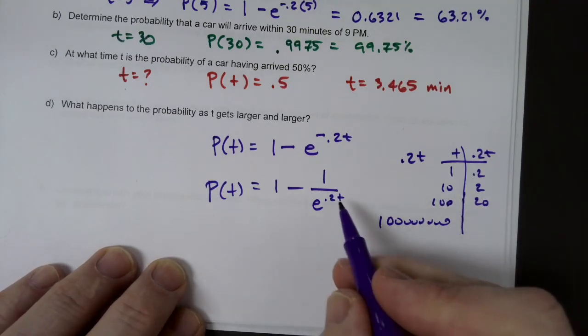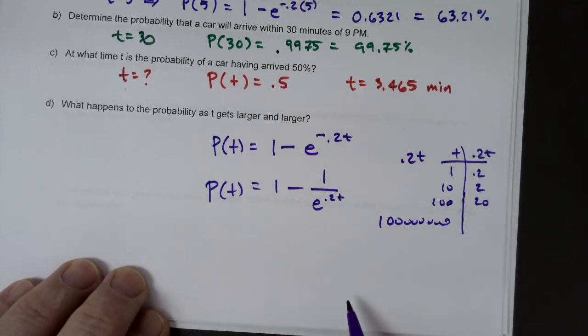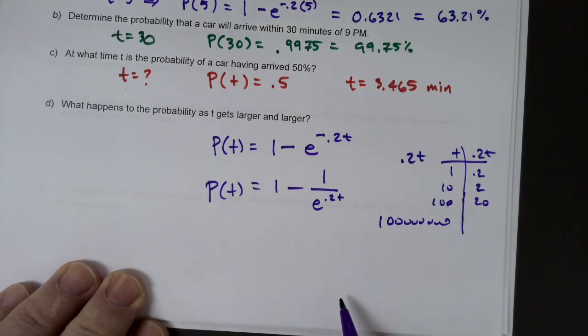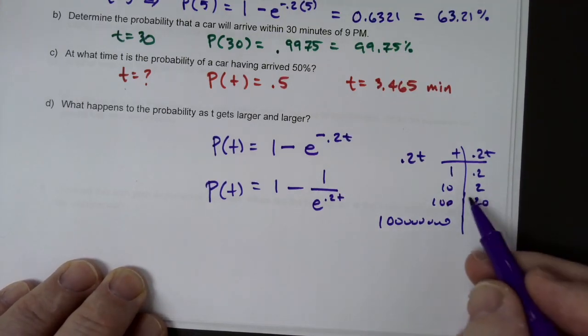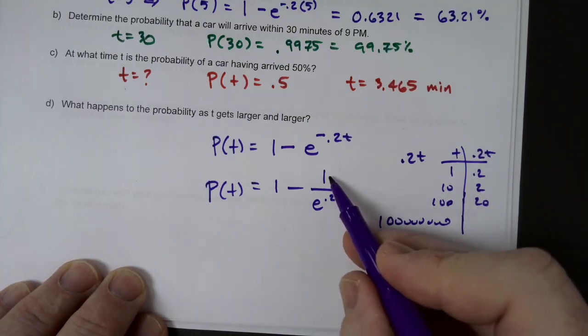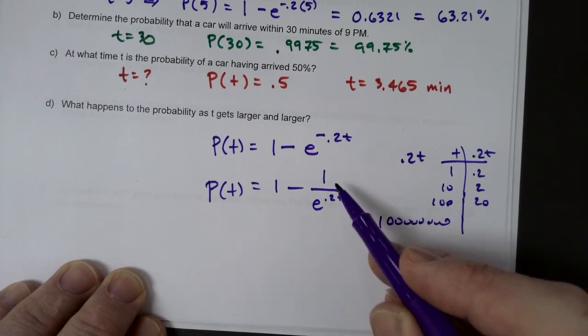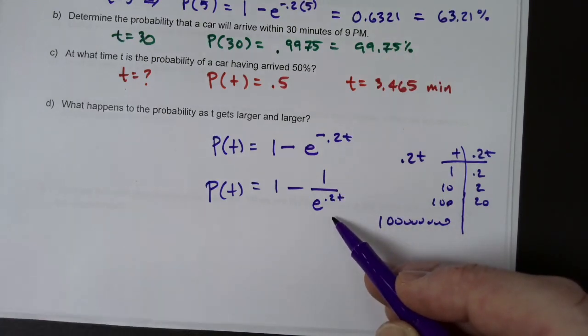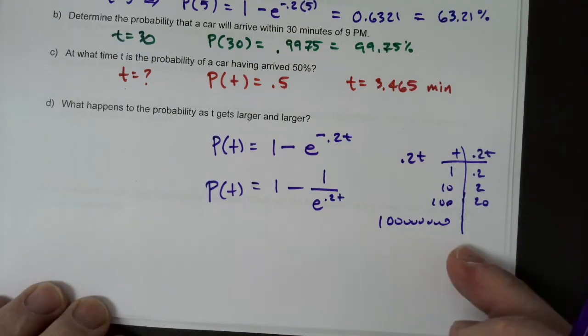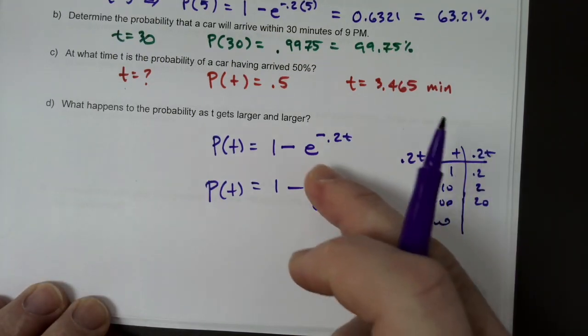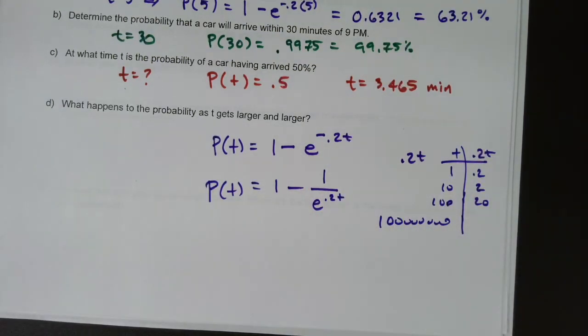That means we're going to take 1 and divide it by an even bigger and bigger number. So when t is 10, we're going to take 1 and divide it by 2, we're at 1/2. When t is 100, we're not going to be at 1/2, we're going to be at 1/20th. When t is at this really, really big number, we'll be at 1/200 millionth.